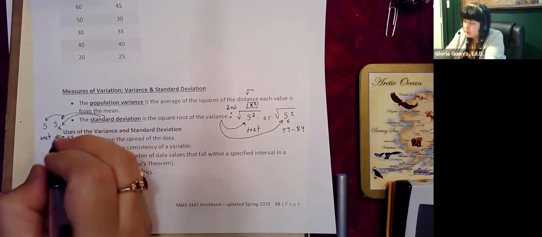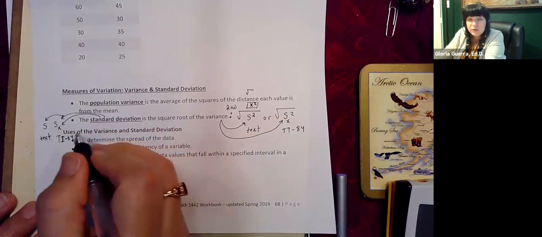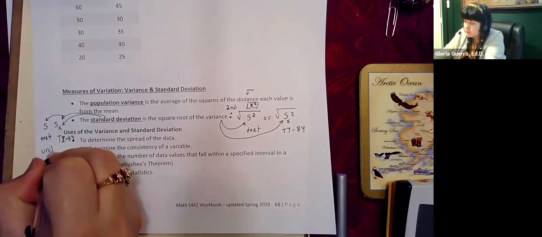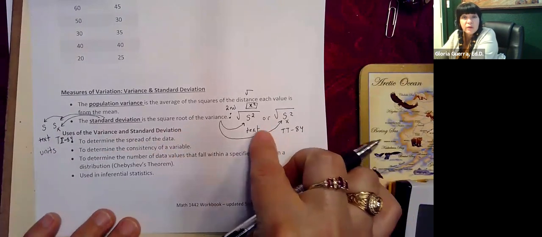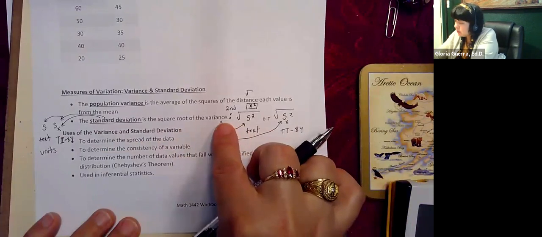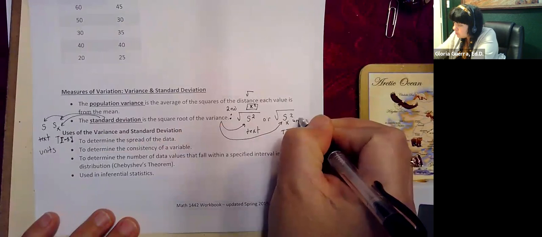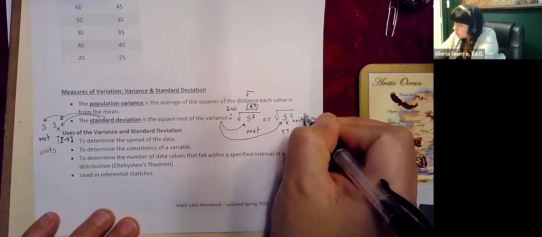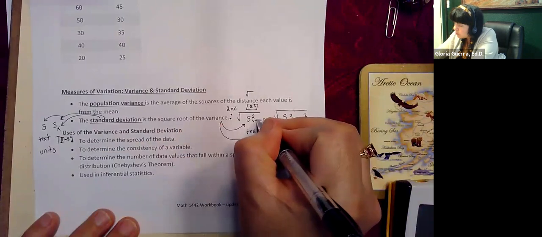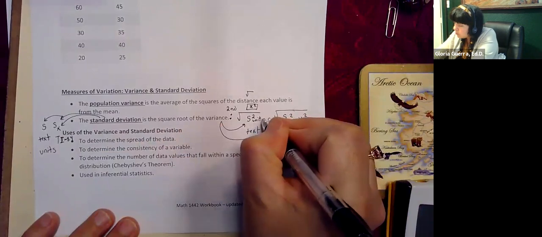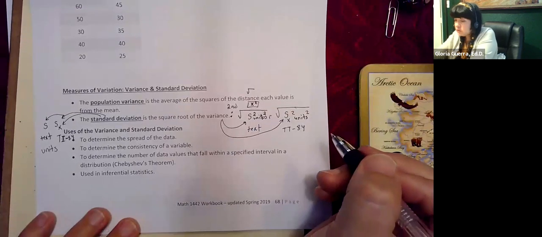And as far as units go, standard deviation makes use of just units, where variance makes use of units squared.